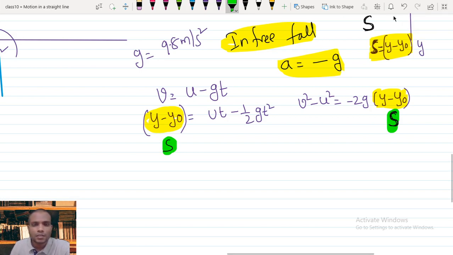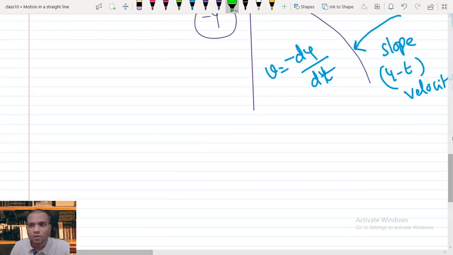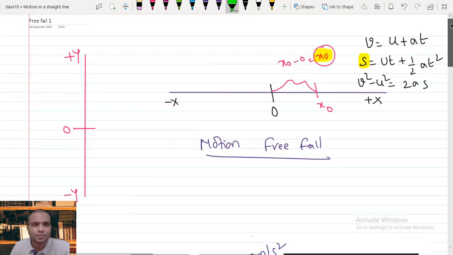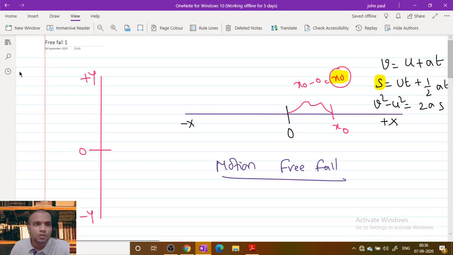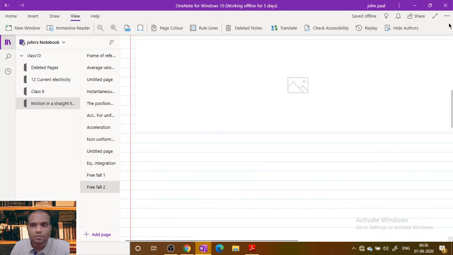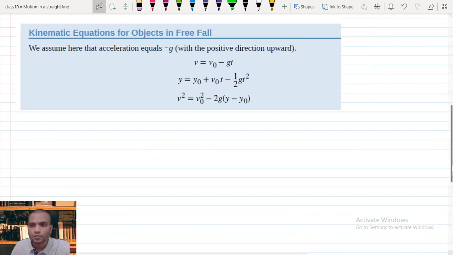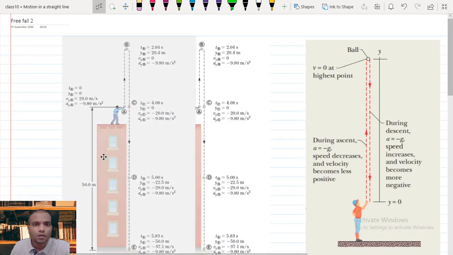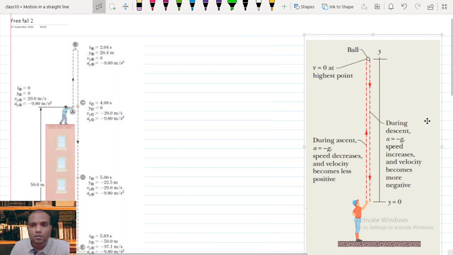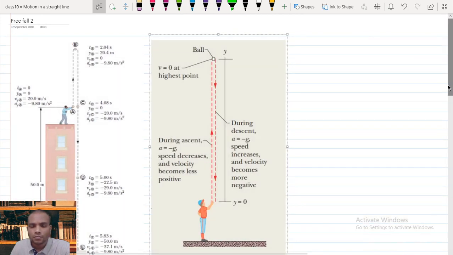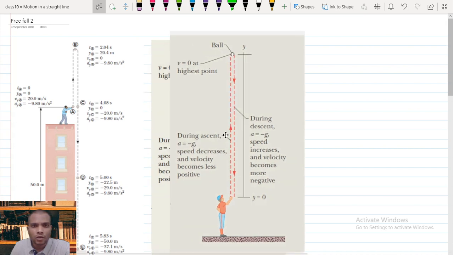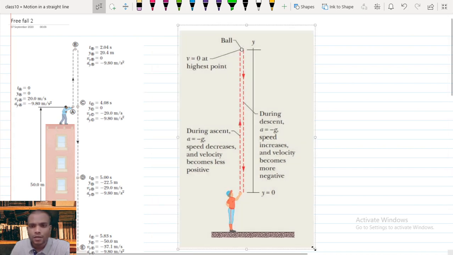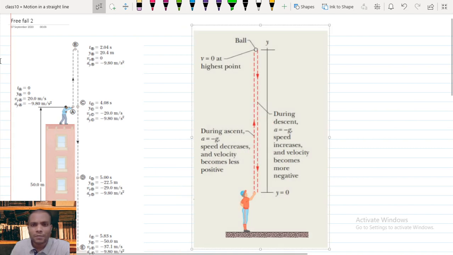Now let us change the situation. Free fall is nothing but an object moving in the upward direction. Let me take one more example here. I have a ball which goes upward, and again it comes back into my hands.